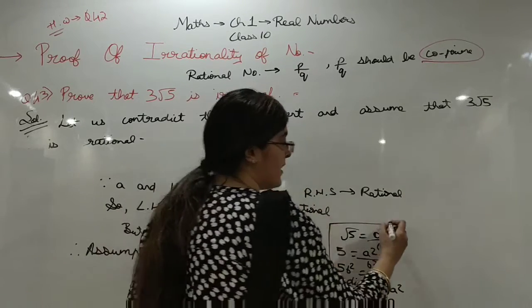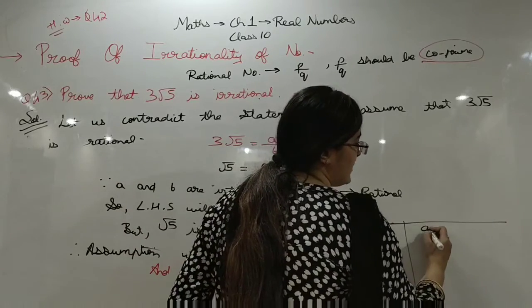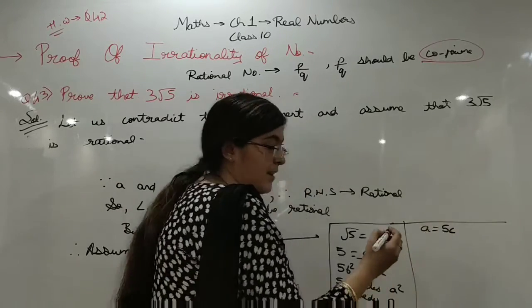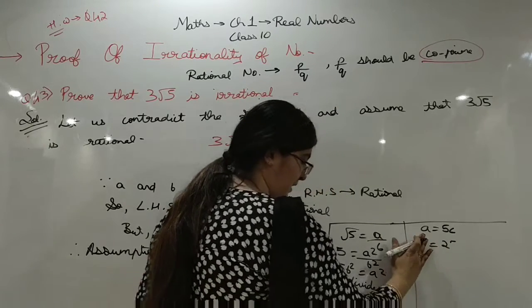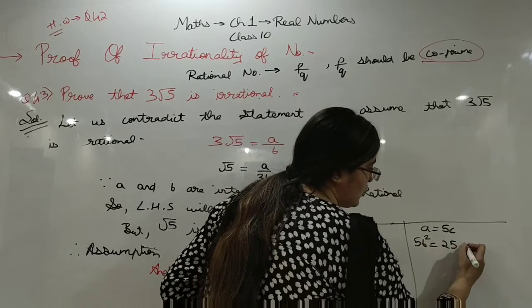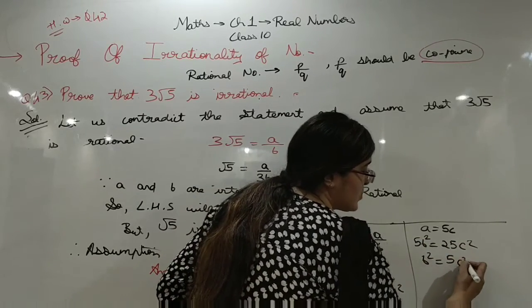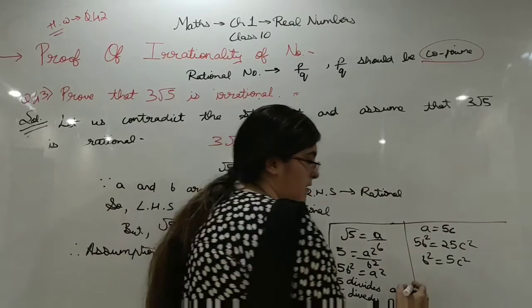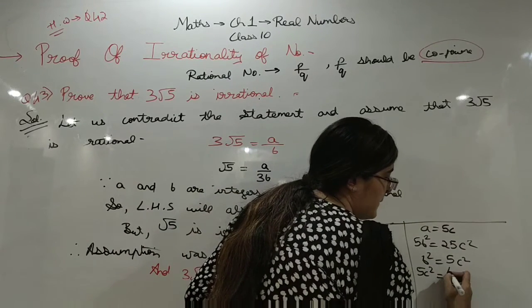Now what we will do, students? We will write a is equal to 5c. Now squaring both sides, we have to put the value here. 5b square is equal to 25c square. That means b square is 5c square. Same procedure. It will be 5c square is 5b square.